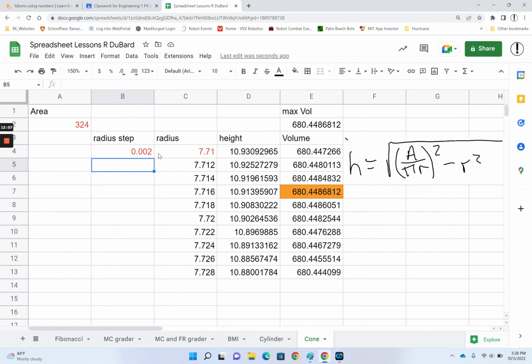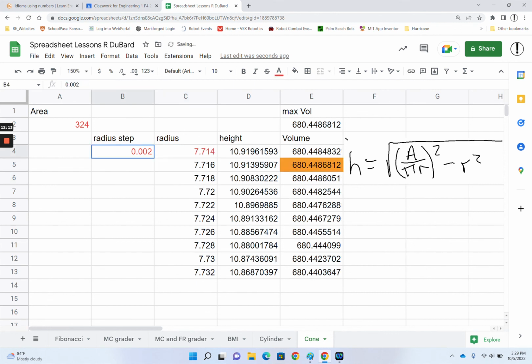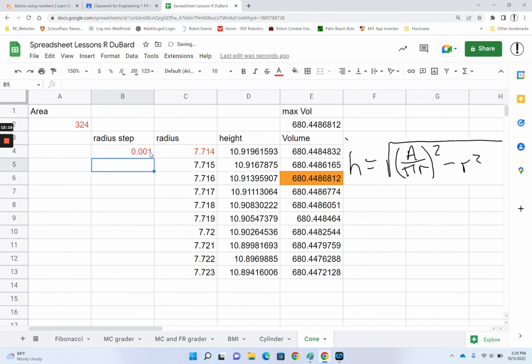You could continue to zoom in. We could change this to 7.714 and then change this to 0.001. But at this point, it's kind of academic. You're talking about thousandths of an inch on your radius, making a difference out here at the ten thousandths of a cubic unit.